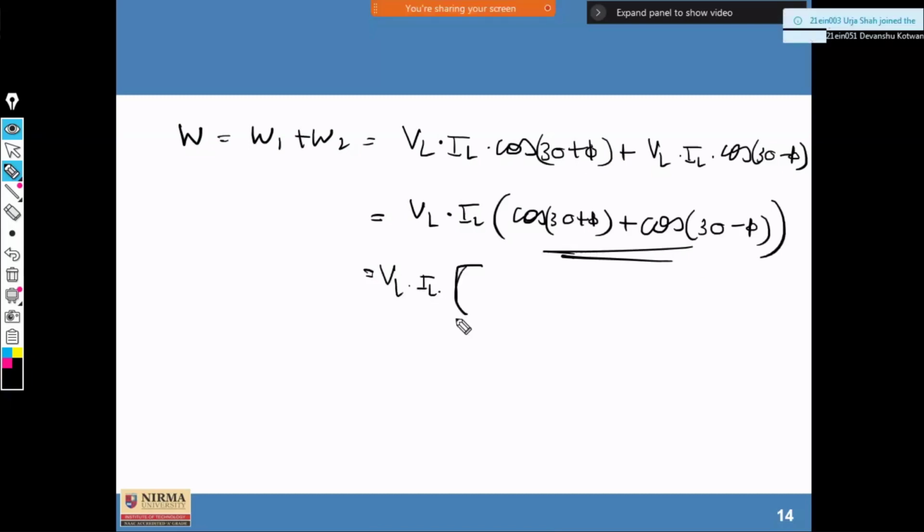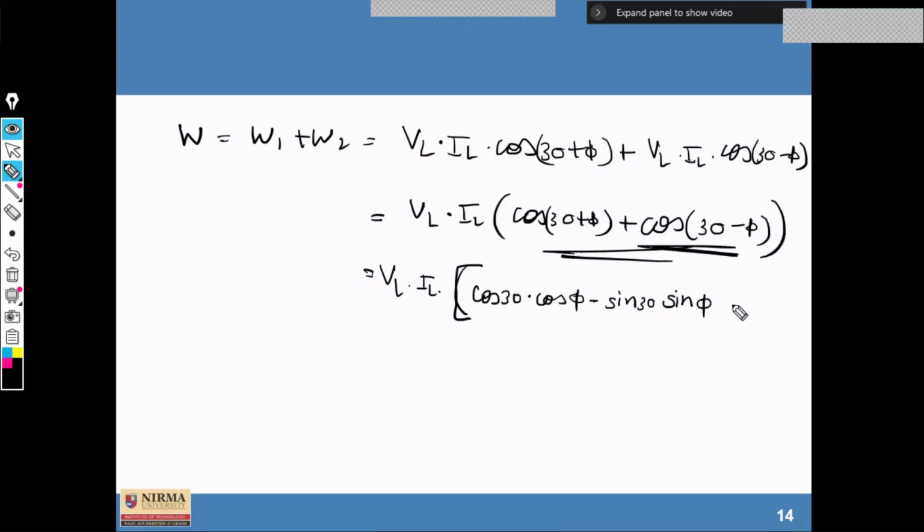Now, what is the equation here? Cos 30 into cos 5, minus sin 30 into sin 5. Clear? And what about this one? Plus cos 30 into cos 5.